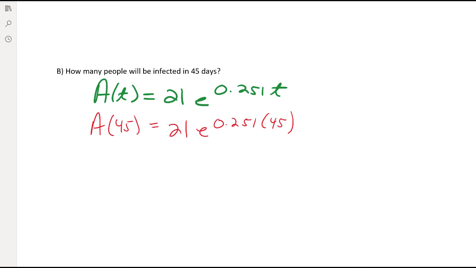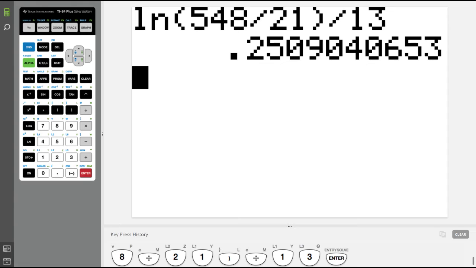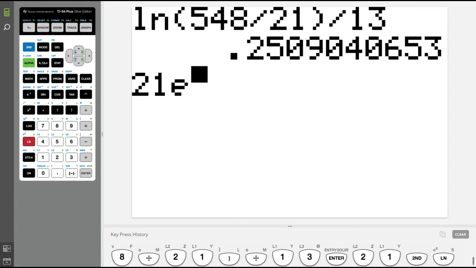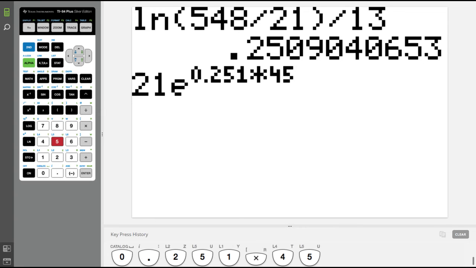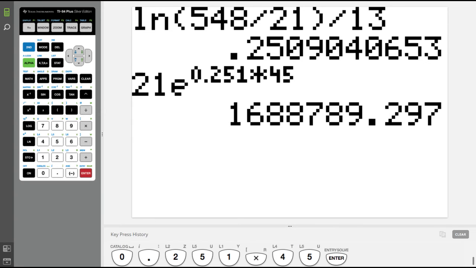And we're going to use our calculator here. So 21 times e, which is second ln, to the 0.251 times the 45 days. And man, that's a lot of people infected. All right.